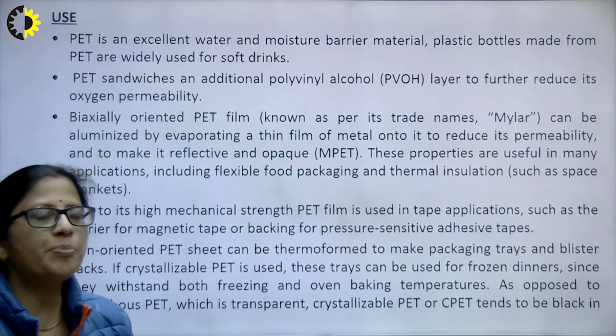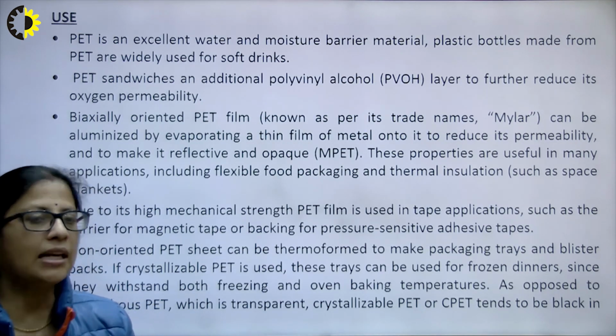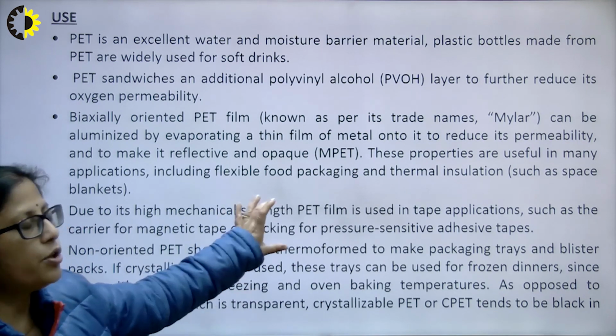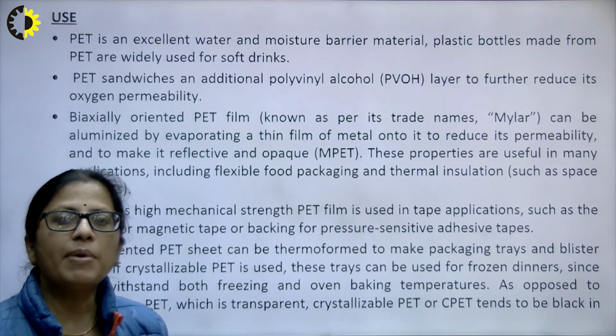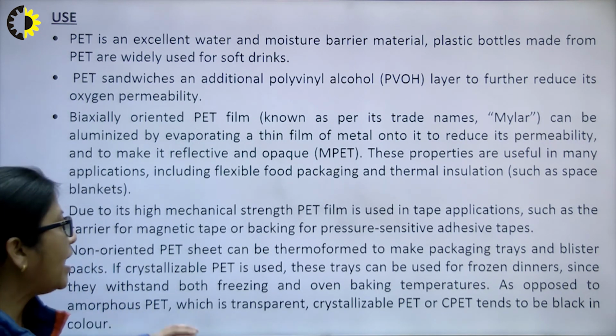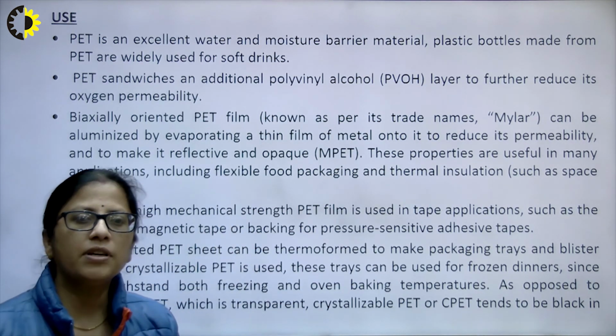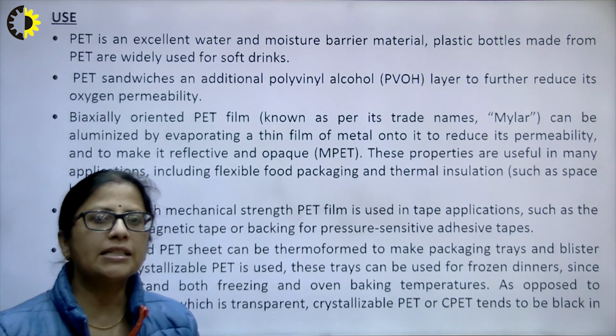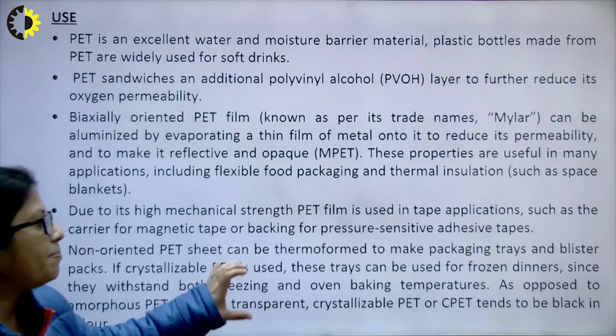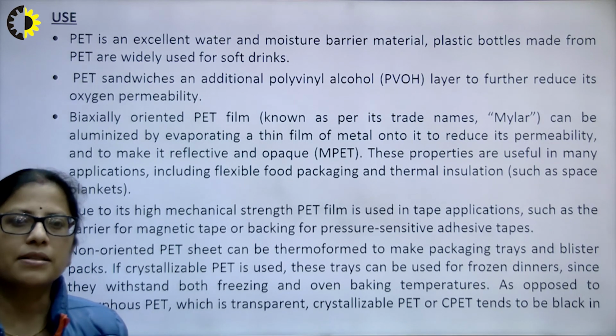Now, because this PET molecule possesses high mechanical strength, it is used in tape applications, such as the carrier for magnetic tape or backing for pressure sensitive adhesive tapes. And the non-oriented PET sheet can be transformed to make packaging trays and blister packs.